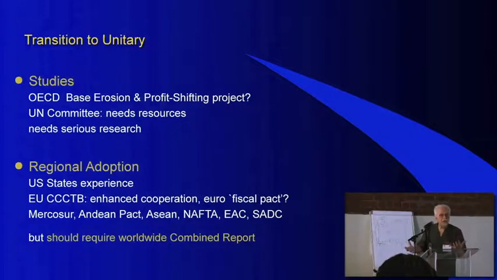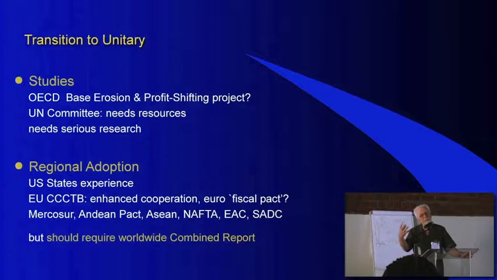Secondly, regional adoption. We already have it in the United States. There's a serious proposal on the table within Europe, and there's no reason why that shouldn't spread in other regions or sub-regions. I think you should think seriously about it in Africa, where you have regional and sub-regional groupings like the East African Community, SADC, and so on.